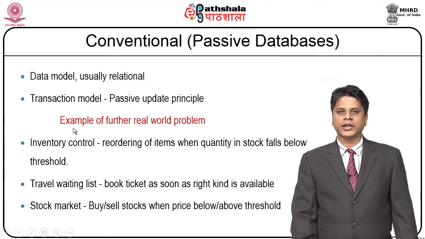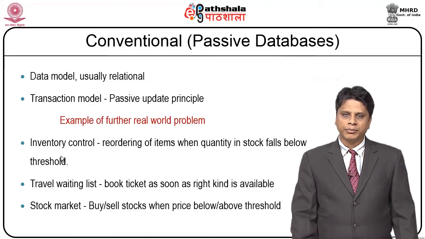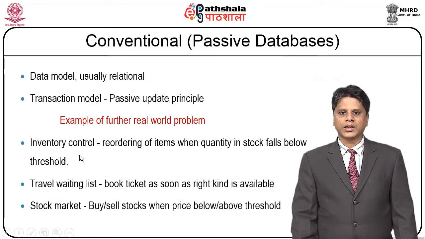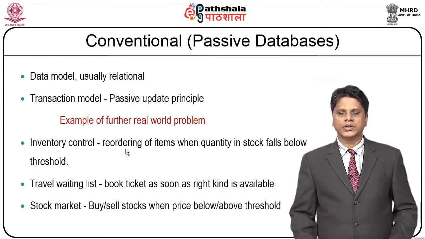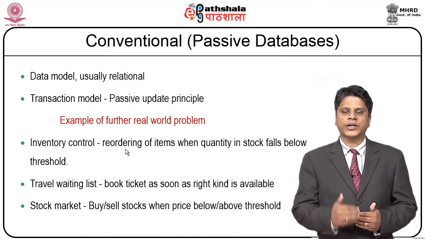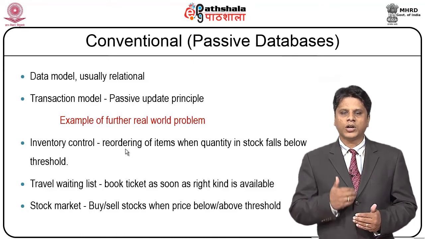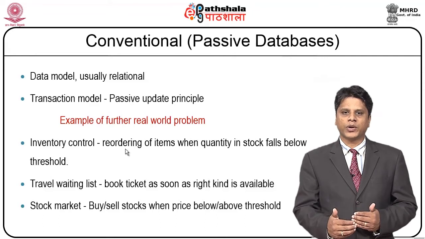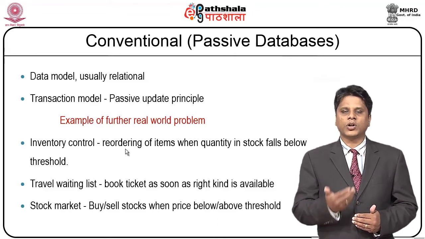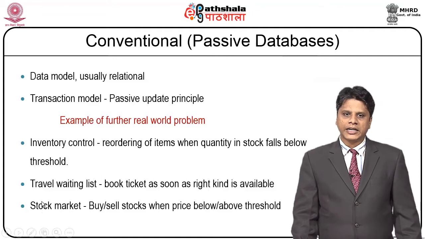If you want an example of these passive update principles, say for example, an inventory control system. As you might be aware, in the process of inventory control, we may have to reorder the items when the quantity in stock falls below the threshold. So, there has to be sequential arrangements, or we may have to reorder the items when the threshold has been reached.